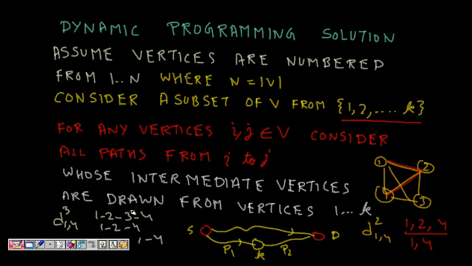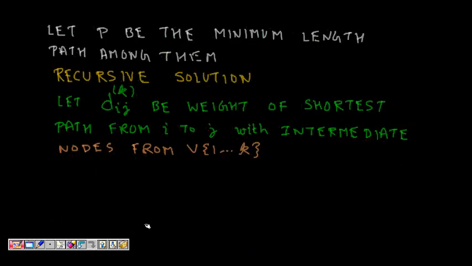So this is the meaning of D_k(i, j), where k means I am choosing the intermediate nodes in the path from 1, 2, 3 till k, and i and j are the source and the destination nodes. Now let P be the minimum length path from among them.